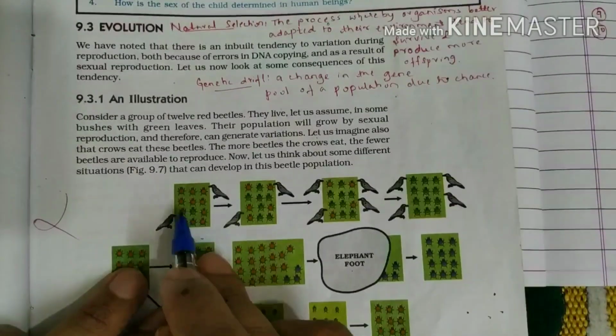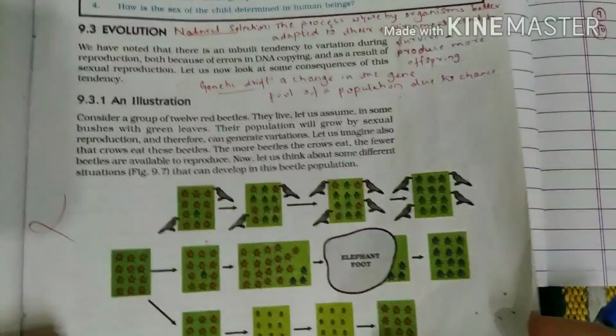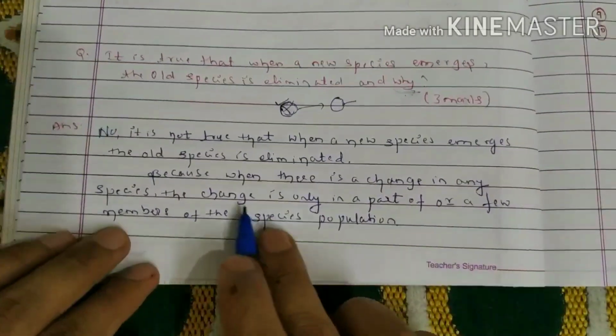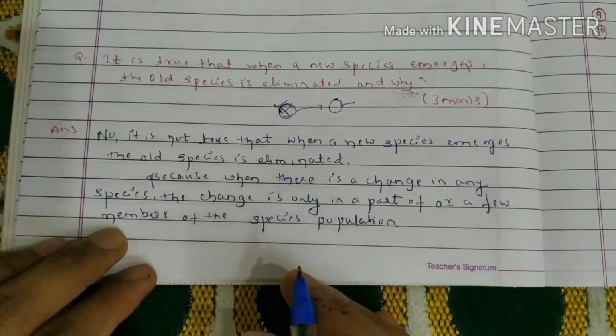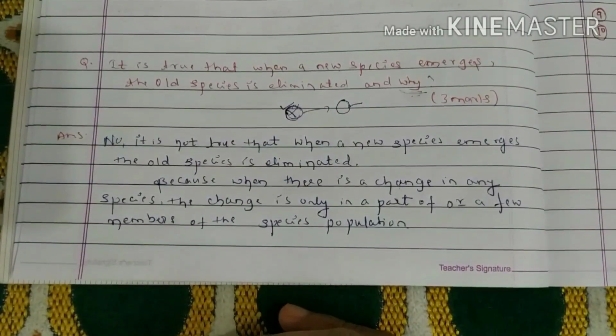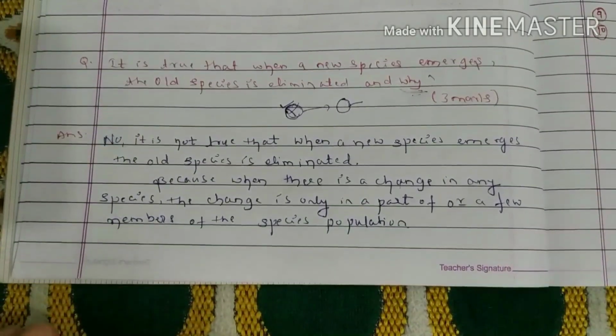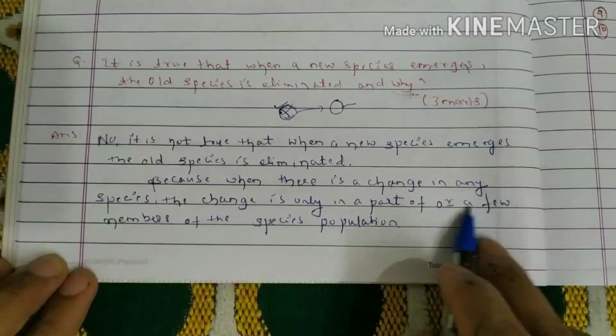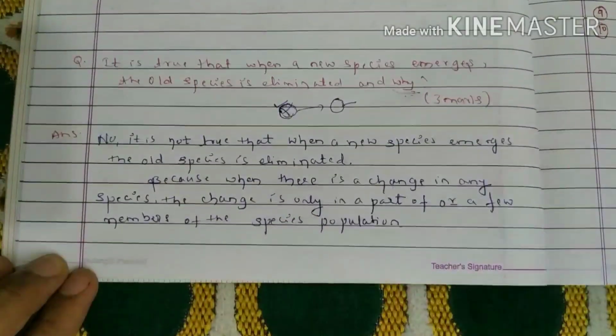That is very important in evolution and species formation. The change is only a part. If 100 beetles are present, maybe only 20 beetles change, and 80 beetles are old. So only a small number of the species in the population changes.